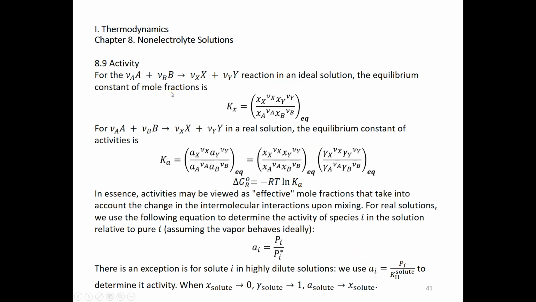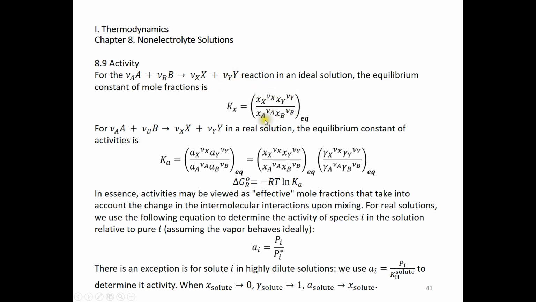Now let's look at a general chemical reaction from A plus B to X plus Y. If we have an ideal solution, the equilibrium constant of mole fractions is simply K sub X, and we have products on top, reactants on the bottom, and we use the mole fractions of X and Y on top, raised to the power of the stoichiometric coefficients.